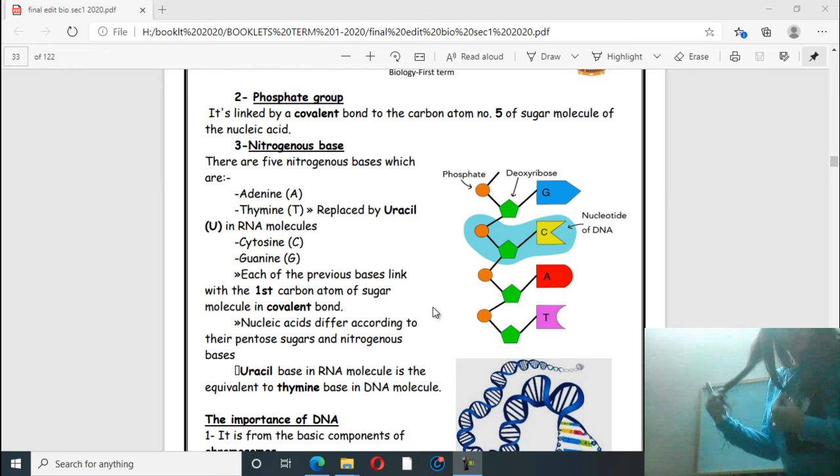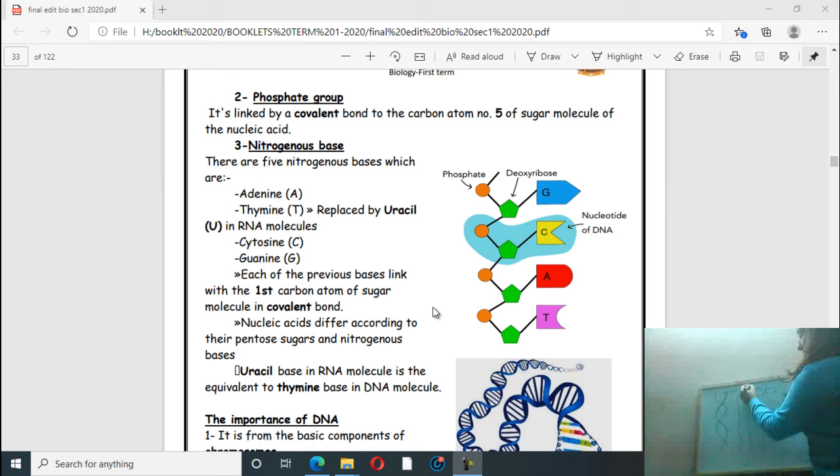Okay, here is the sugar, the nitrogenous base, and the phosphate group. Here is the sugar, nitrogenous base, and phosphate group. Here is the sugar, nitrogenous base, and phosphate group. And also sugar, nitrogenous base, and phosphate group.